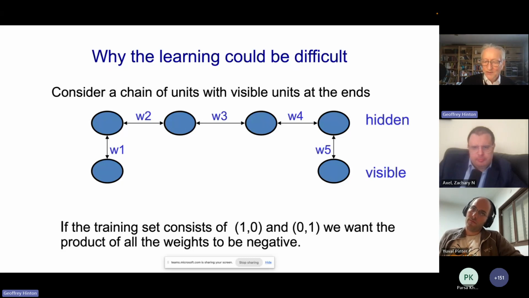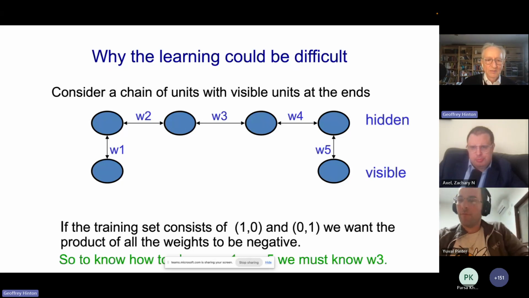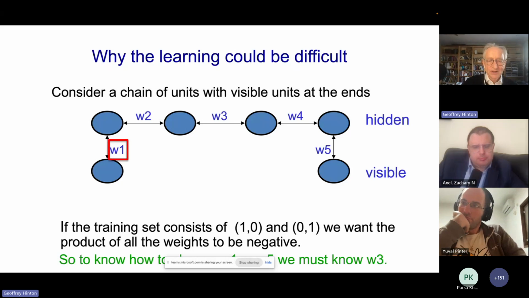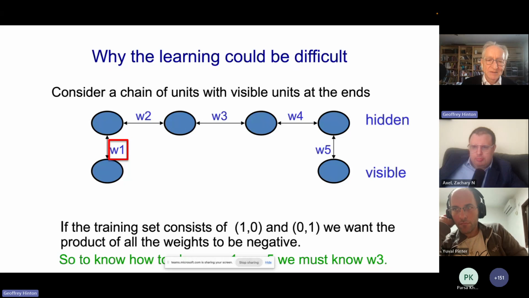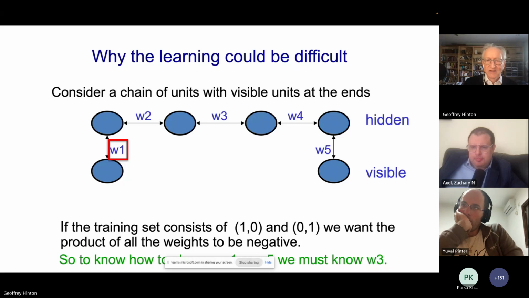If you now look at one of the weights, like W1, and ask how should I change that to improve things? Well, you want to make the product negative. So if all the other weights were positive, you want to make W1 negative. If one of the other weights was negative, you want to make W1 positive.